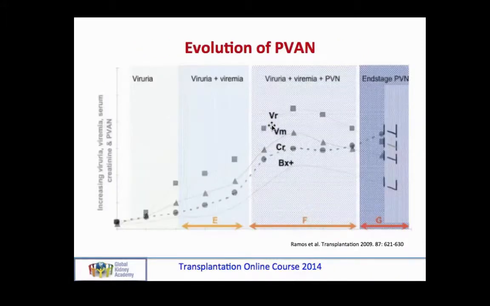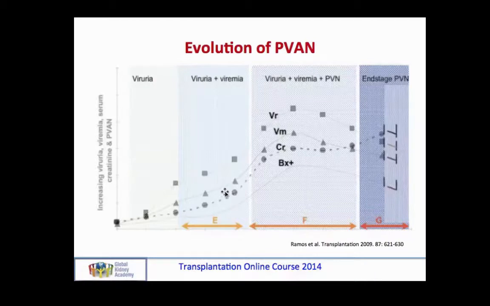And if you look at the evolution of polyoma virus-associated nephropathy or BK-associated nephropathy, first of all you see BK viuria here in the black squares, and then you see increasing levels of viraemia in the triangles here, and then as the viremia increases, you get a rise in the serum creatinine here, relatively late, later after the onset of viremia.